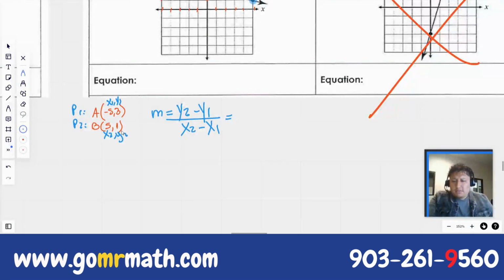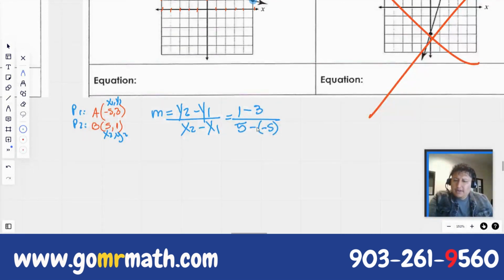Okay, y2 is 1 minus y1 is 3 over x2 is 5 minus x1, which is -5.